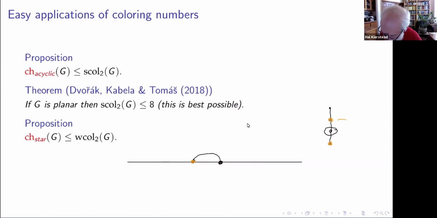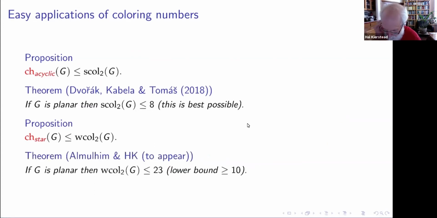On the other hand, if it's sitting out here, then from this vertex I can reach this vertex and then this vertex weakly. So here it's weakly, not strongly. So when I color greedily in this way, I end up with a star coloring. In her thesis, Al-Mohin showed that the weak coloring number of planar graphs is at most 23.